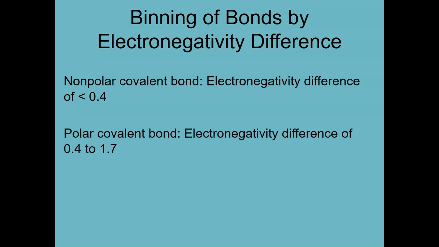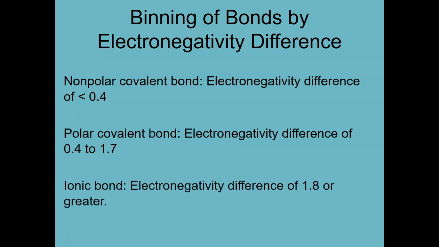Anything that has an electronegativity difference between 0.4 and about 1.7, we would consider a polar covalent bond. And anything with an electronegativity difference of 1.8 or greater, we would simply consider to be an ionic bond. Now, these are guidelines.